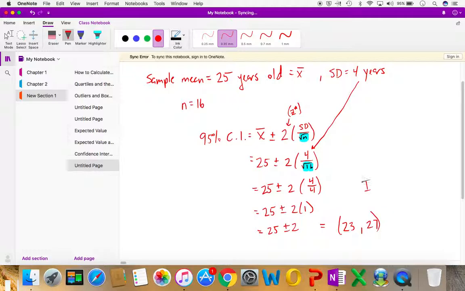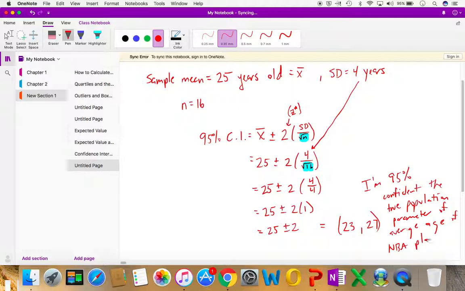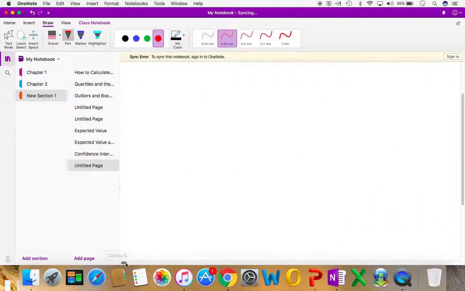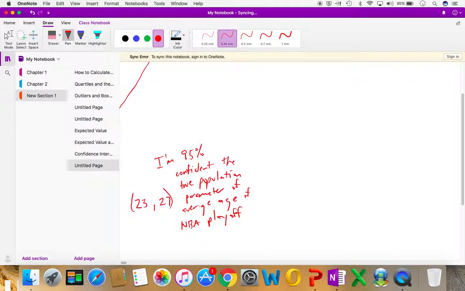So I'm 95% confident the true population parameter of average age of NBA playoff player is between 23 and 27.